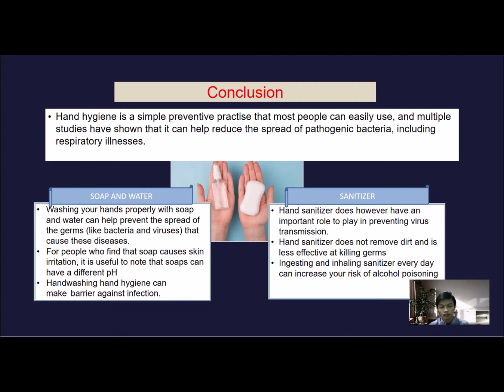Second, for another example, when other people have irritated skin or acid skin, we can use soap and water with a different pH. It can be neutral or slightly alkaline, which can prevent irritation.